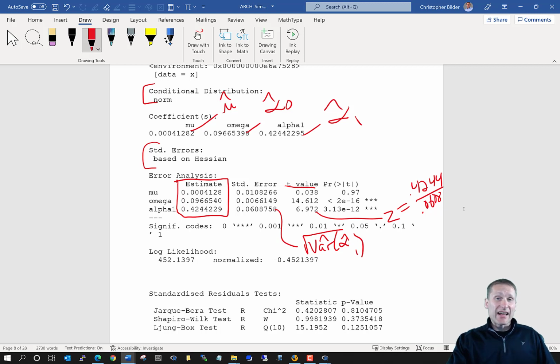Then if we use a standard normal approximation, even though it says t, we get a very small p-value when testing whether or not alpha 1 is equal to 0. So there is sufficient evidence to indicate that alpha 1 does not equal 0. Similar tests are done with the other model parameters too.